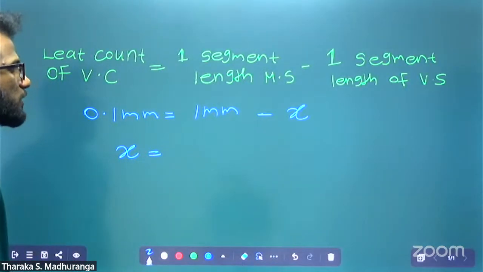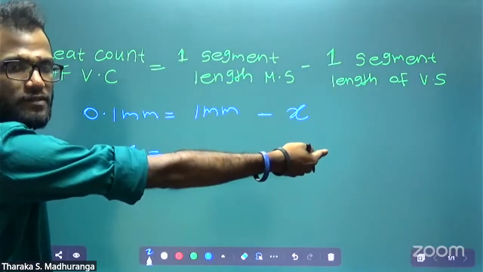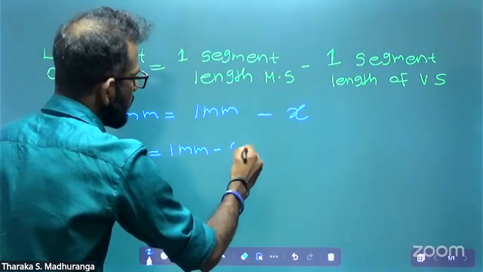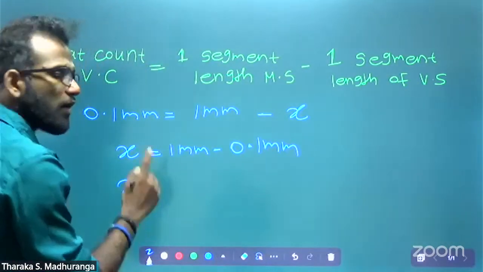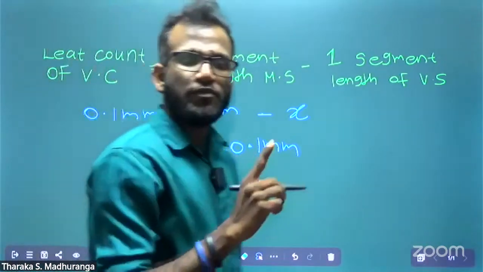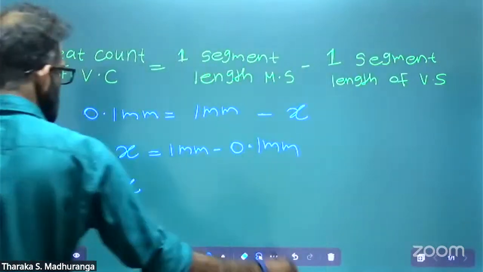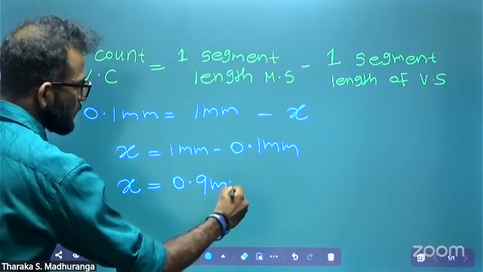X goes to this side, then it is positive, and 0.1 goes to the right side. Then 1 millimeter minus 0.1 millimeter. The x, which means the length of one segment of the vernier scale, is 0.9 millimeter. The answer is 0.9 millimeter.